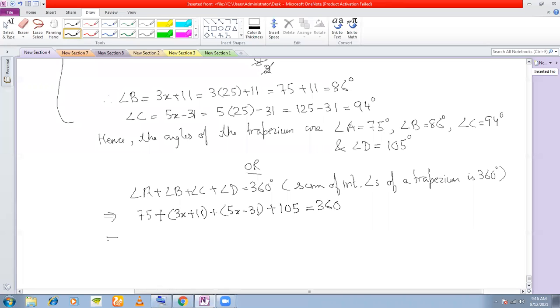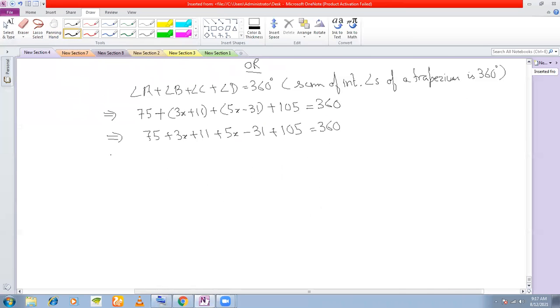Okay, so now you can solve this equation. 75 plus 3x plus 11 plus 5x minus 31 plus 105 is equal to 360 degree. First of all, add up the x's together. 3x plus 5x will give you 8x.